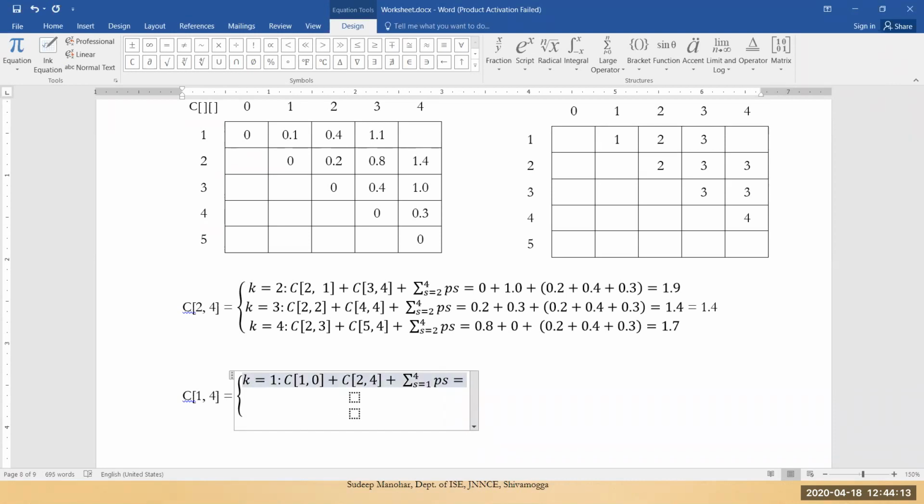Yes, what do you get for this? C of 1 comma 0. 1 comma 0 is 0. C of 2 comma 4. 2 comma 4 is 1.4 plus the probability of all starting from P1 to P4. 0.1 plus 0.